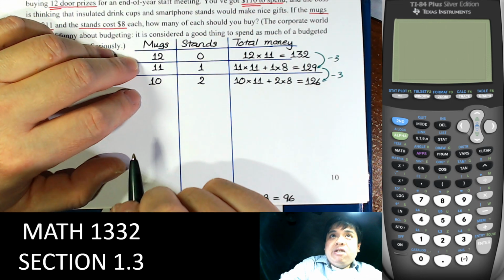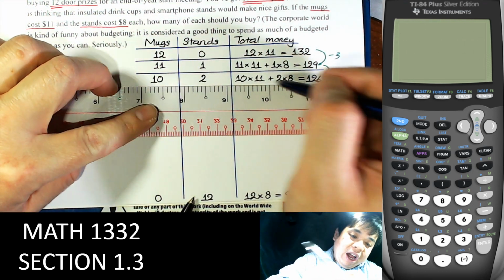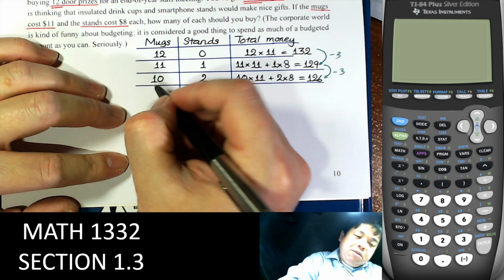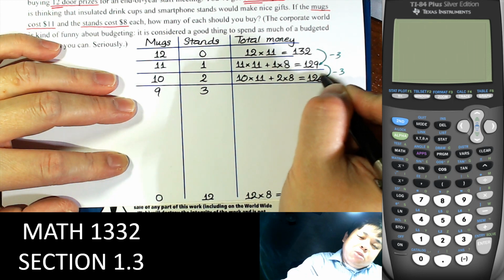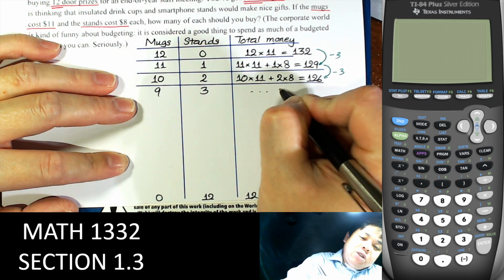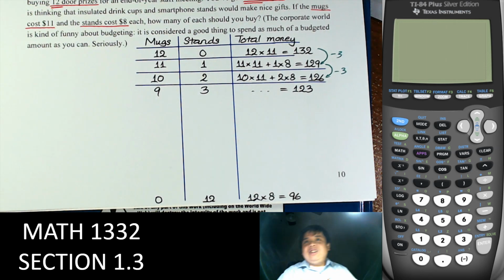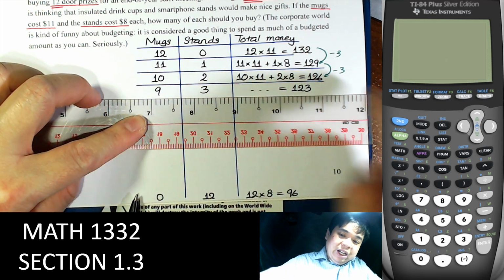Deductive reasoning gives us that if this pattern continues, we don't have to do all the exact math like this every time. If this is 9 mugs and 3 stands, the total will be subtract $3 from here. So that will be 123. Don't have to do any math for that. Just subtract 3.